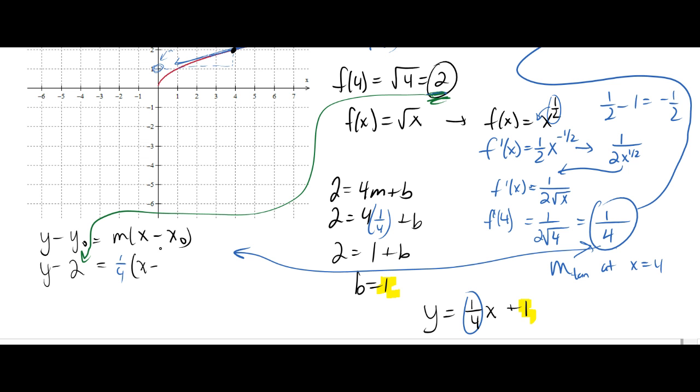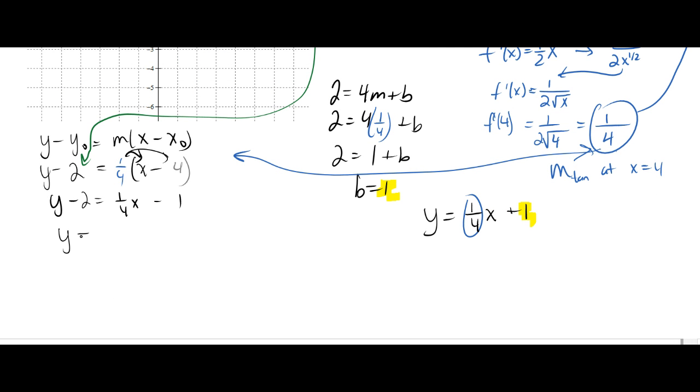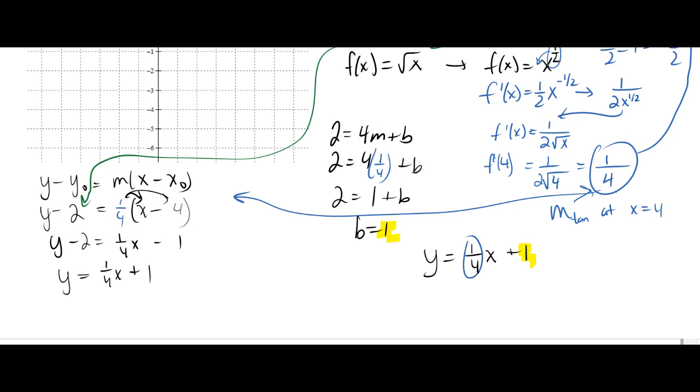And then it'll be x minus the specific x that we are currently using, which is 4. So here again I could distribute y minus 2. It's going to be 1/4 x minus 1/4 times 4, which is 1. I add the 2 over to both sides, and we've got y is equal to 1/4 x plus 1, which of course is exactly the same thing we have here.